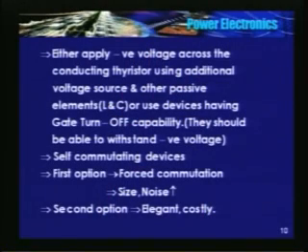So to have a large number of pulses per half cycle, I need to use the devices which have gate turn off capability. In other words, I have to use the self-commutating devices.